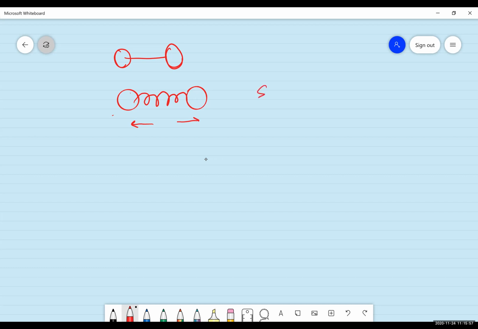This is similar to a simple harmonic oscillator. So if you apply the concept of simple harmonic oscillator, we can calculate. Now that physics part is beyond my expertise, so I'm only going to give you the final expression.